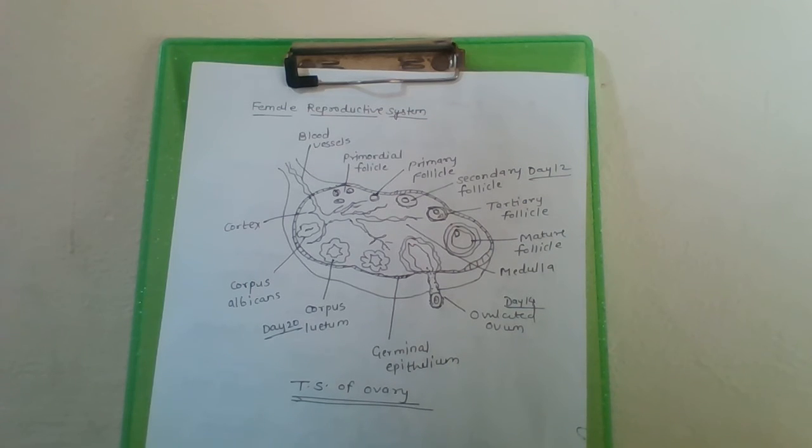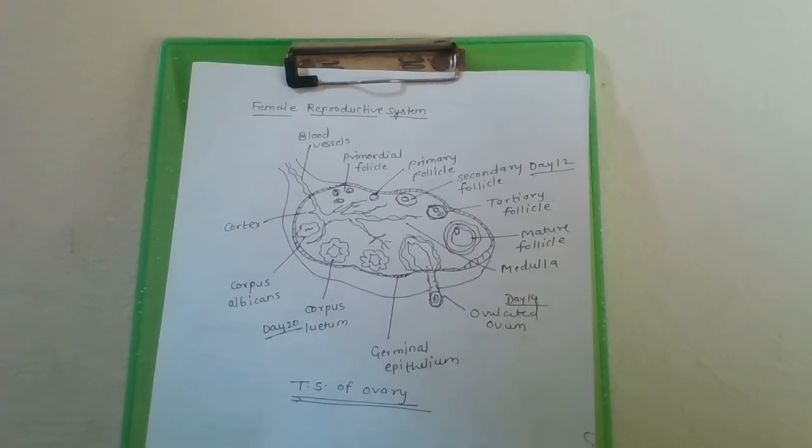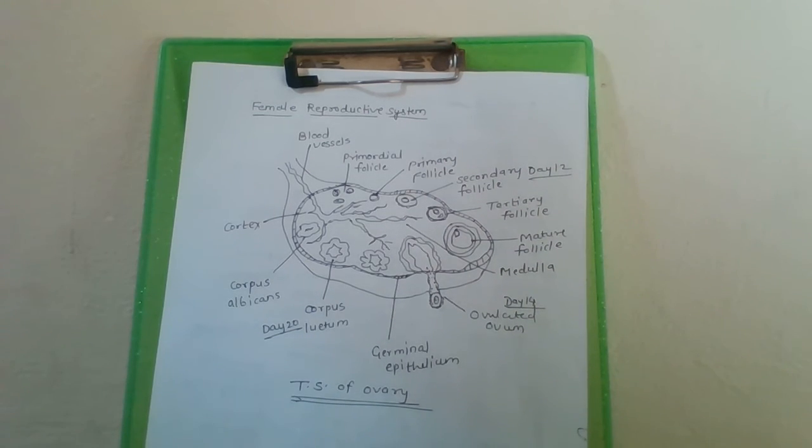The large scale destruction of primordial follicles during growth is called atresia. So remember the concept. Atresia means the large scale destruction of the primordial follicles during growth.